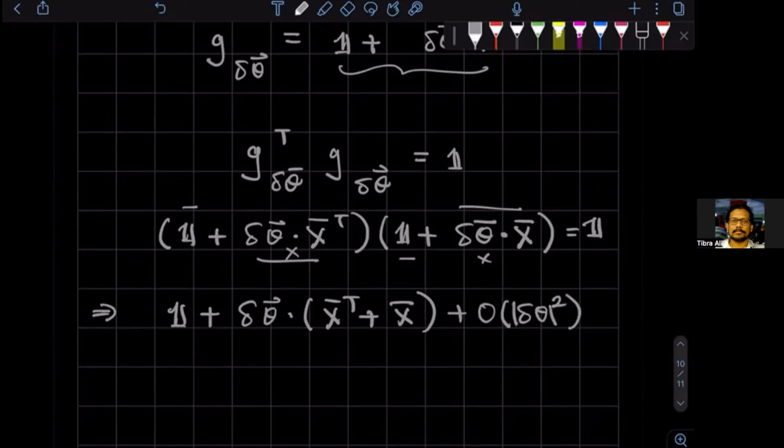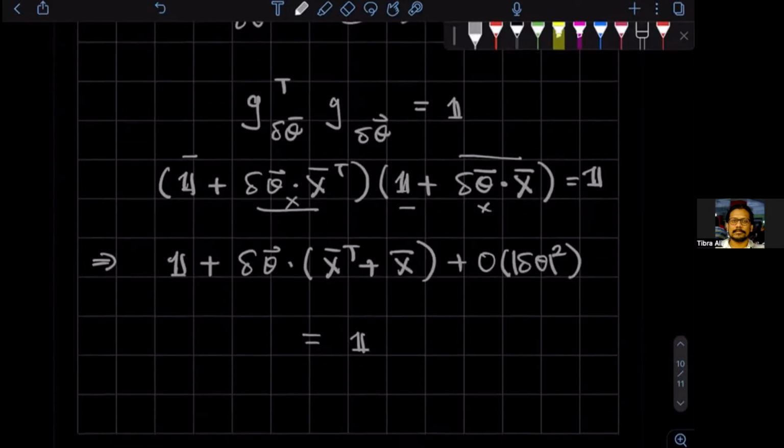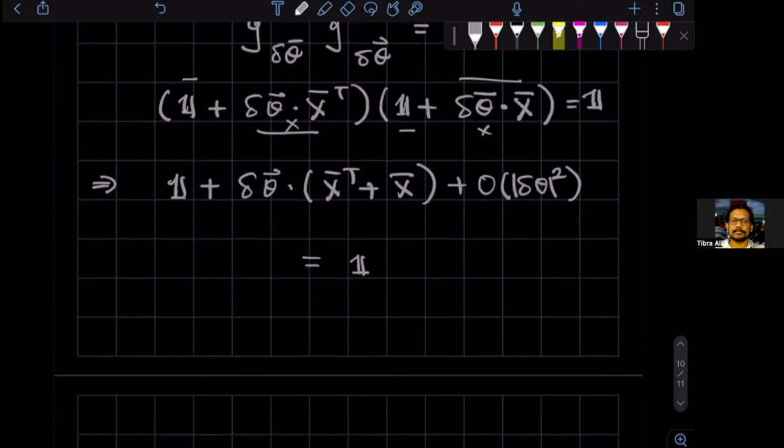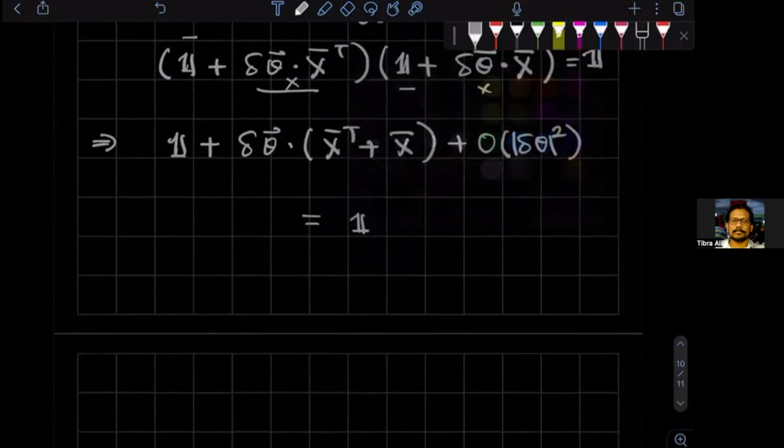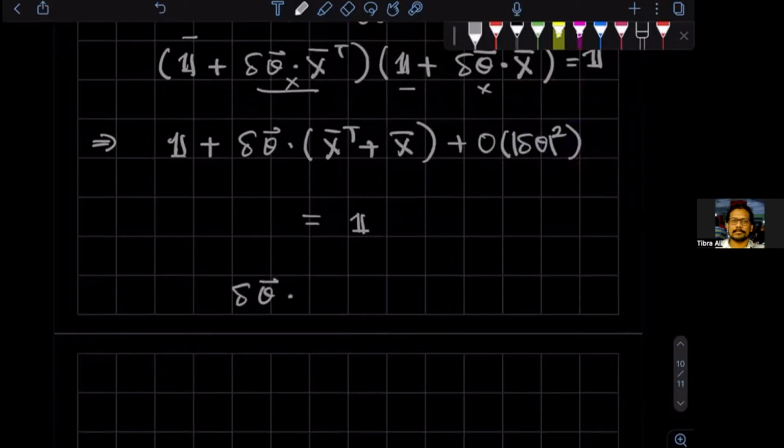On the right hand side, we have the identity matrix. So from here, we get the equation that delta theta dot x transpose is equal to minus delta theta dot x.